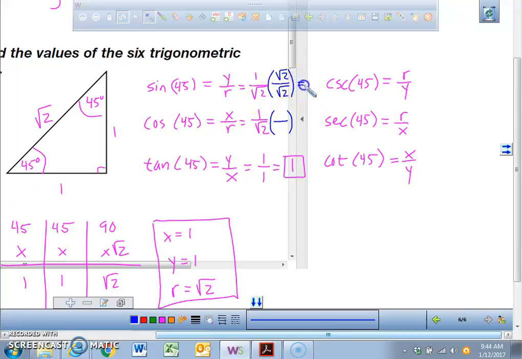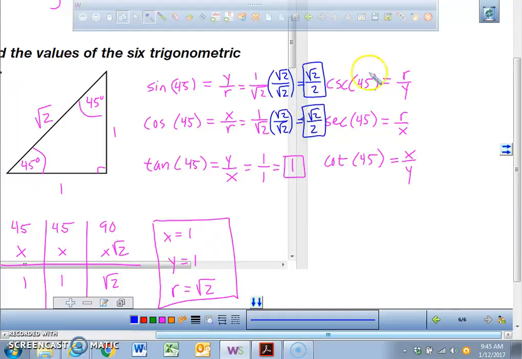And our final answer for the sine of 45 is radical 2 over 2. Why is that a 2? Because radical 2 times radical 2 equals radical 4, but the square root of 4 is simply a 2. Same process for cosine, same answer. Radical 2 over 2.